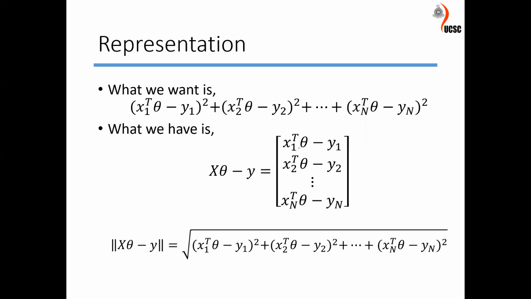So you can see, if you get the norm of this vector, that is basically getting squared terms. Taking the norm, suppose a, b, c is a vector.